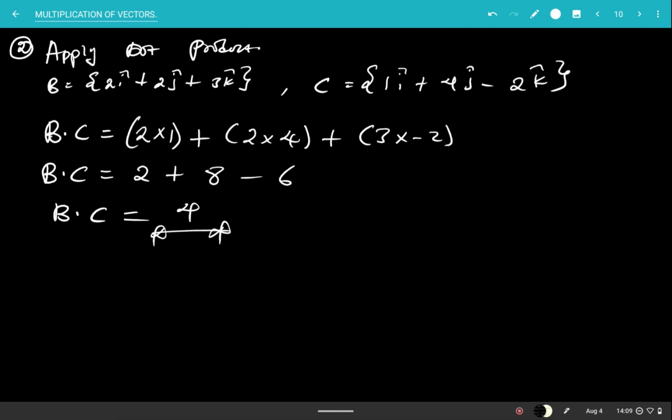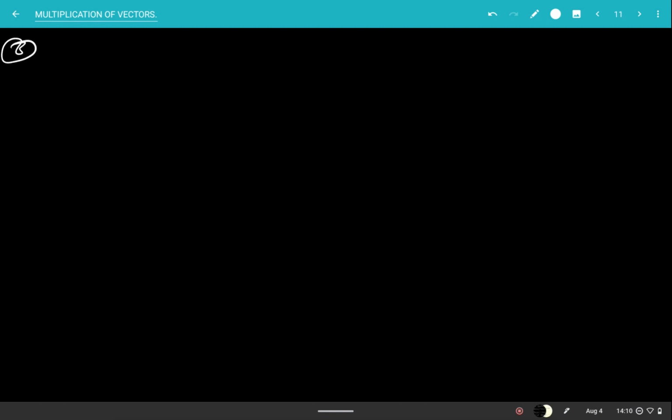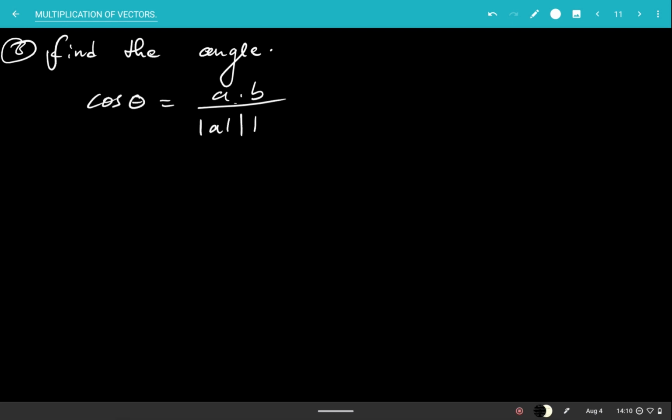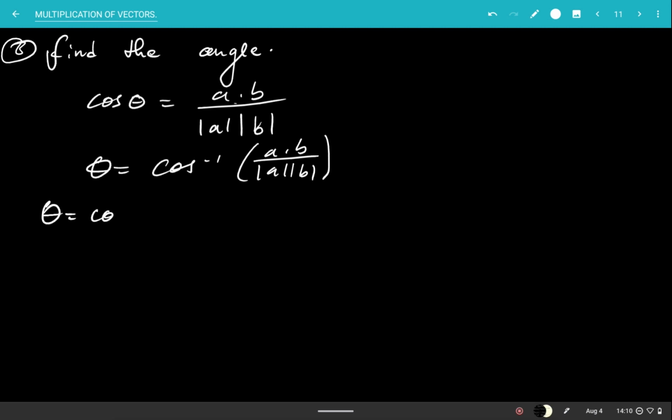Once we find the dot product, step 3, let us now find the angle. We know that cos theta is equal to A dot B over magnitude of A by magnitude of B. Therefore, theta is equal to the cos inverse of the dot product, which is 4, over 4.58 times 4.12.